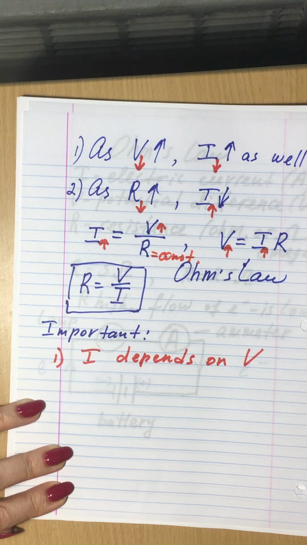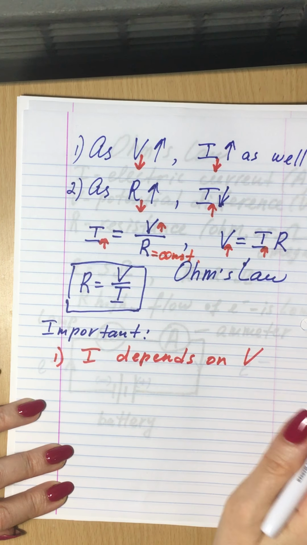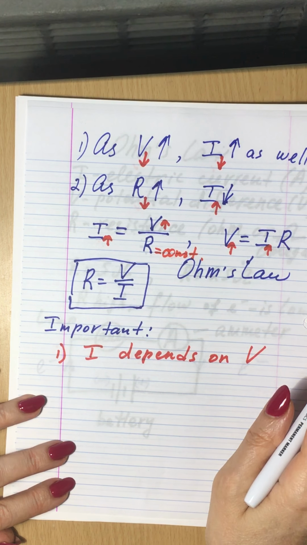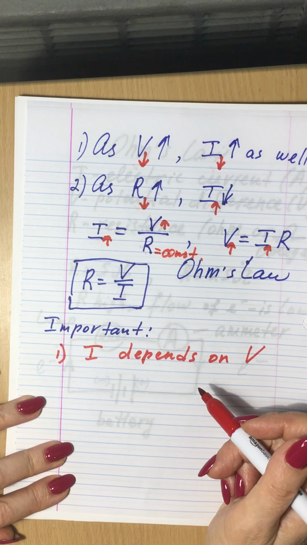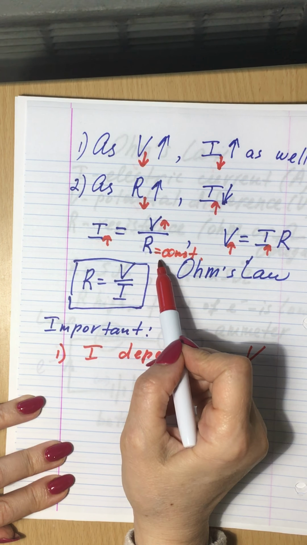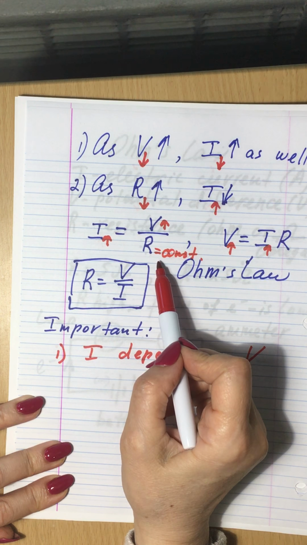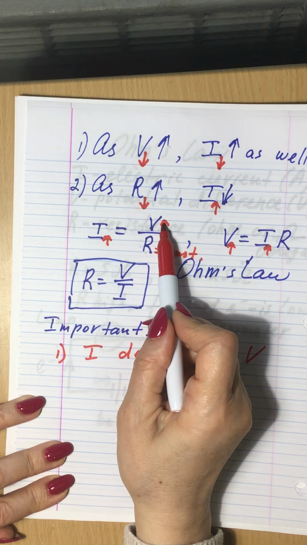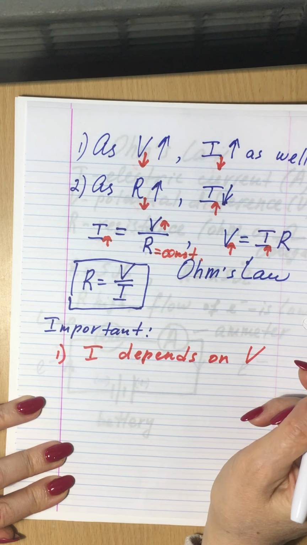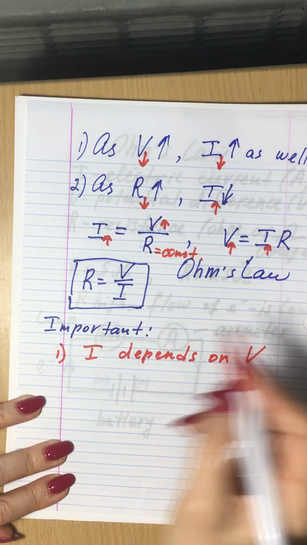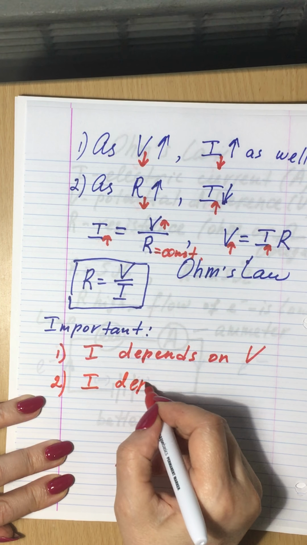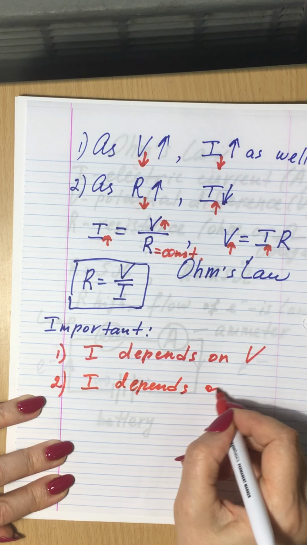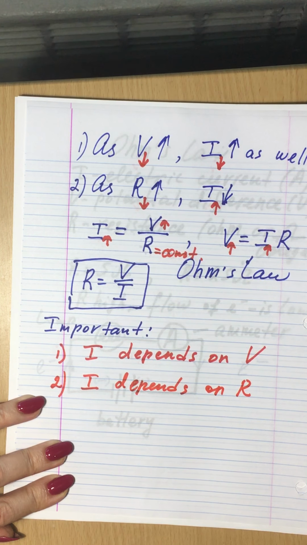As in any science experiment, when you're performing, you cannot change more than one quantity. So you keep resistance constant, right? You're changing potential difference. If you increase it, current increases, and all the way around. And number two, electrical current depends on R, on resistance, not all the way around.